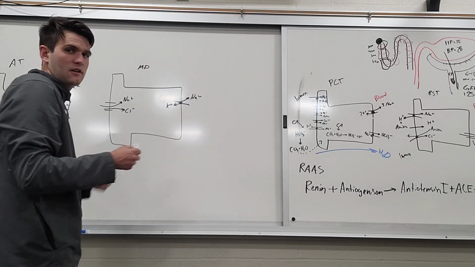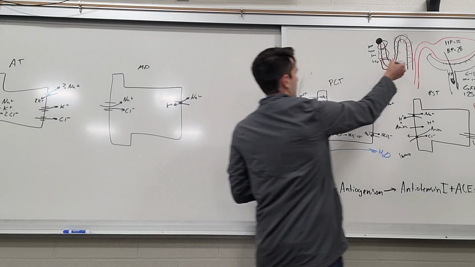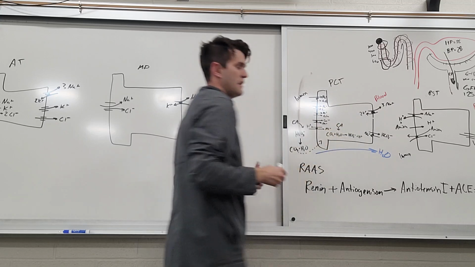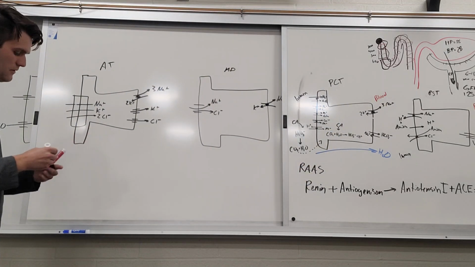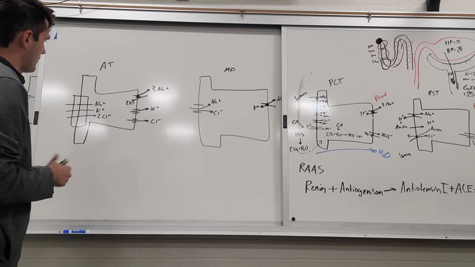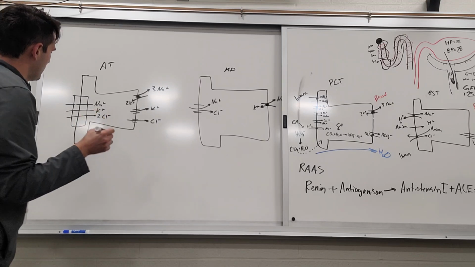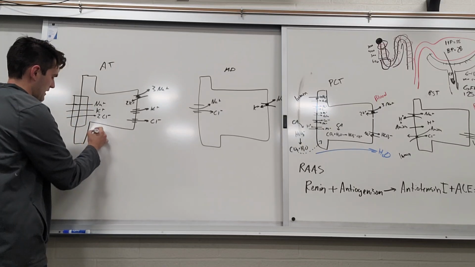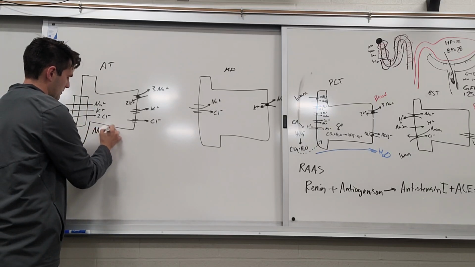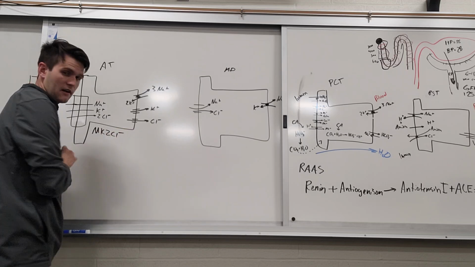Okay, so now let's go to the other side here. So now kind of going back up this curve here, this whole section here, this is going to be called our ascending tubule. Now what we're doing here again is we're going to use this protein we saw when we talked about the loop diuretics. That's our sodium, potassium, 2-chloride channel.